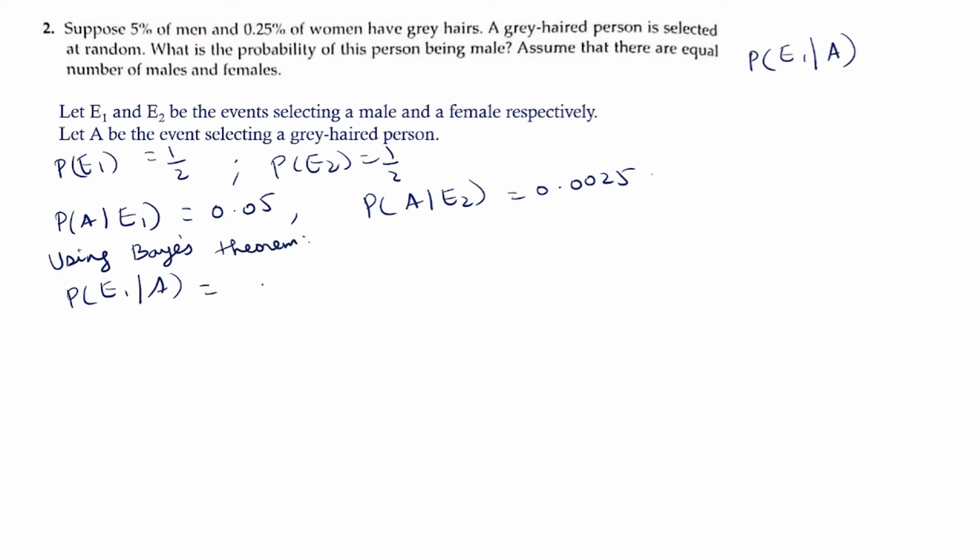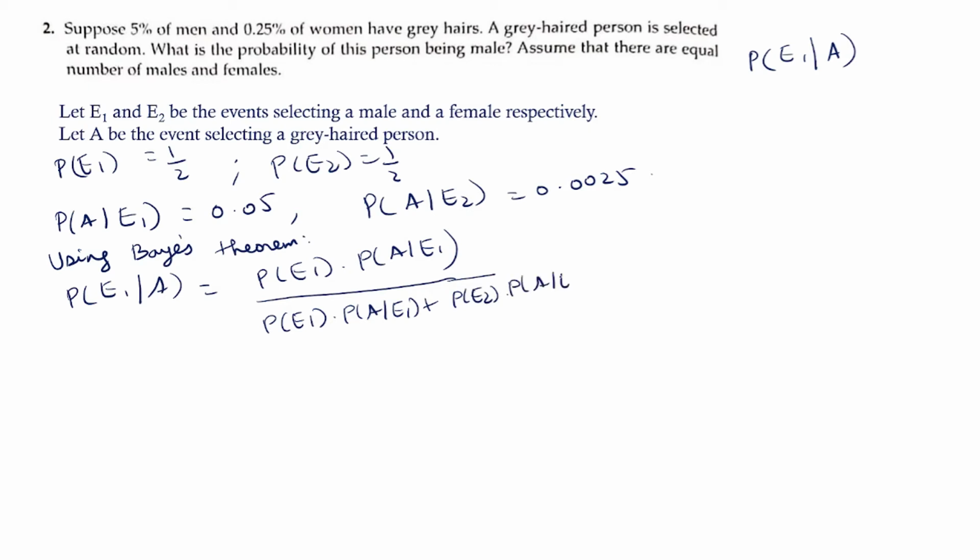Probability of E1 given A is equal to probability of E1 into probability of A given E1 upon probability of E1 into probability of A given E1 plus probability of E2 into probability of A given E2. So this is equal to half into 0.05 upon half into 0.05 plus half into 0.0025.